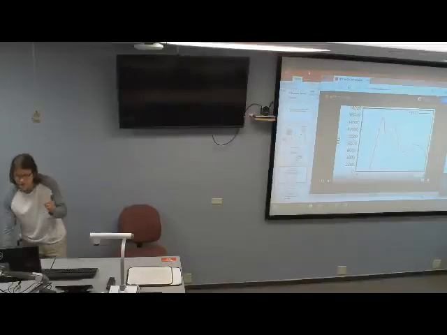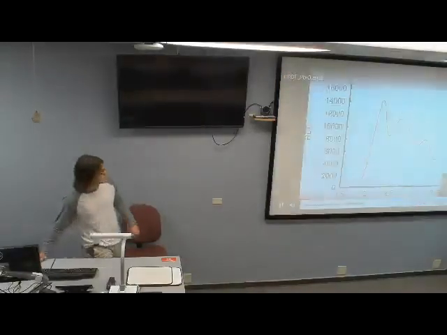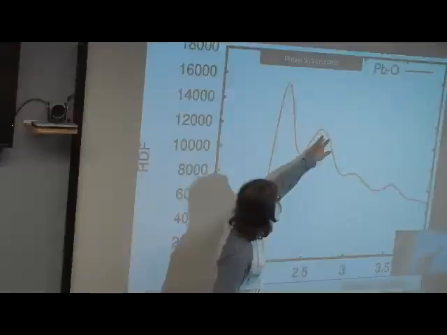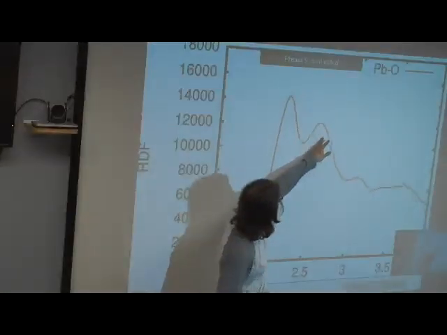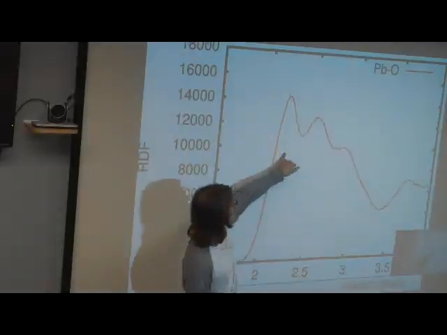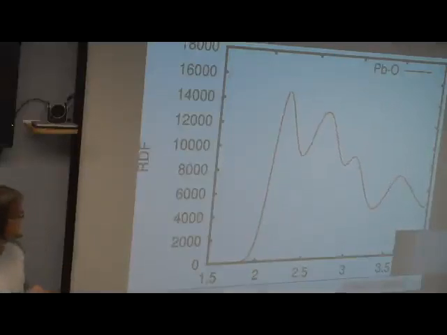And so these are just between the lead and the carboxylic acids. So this peak here would be the lead-oxygen. You can see that fluctuates over the molecular dynamics trajectory. And this one's just the oxygen. These are all distances.